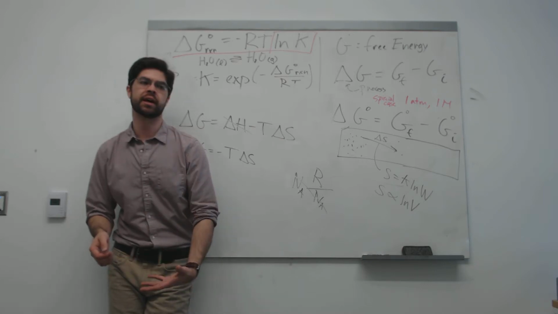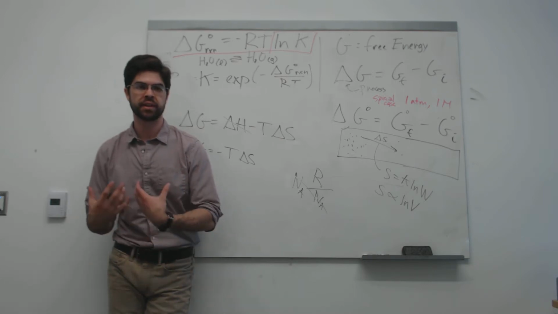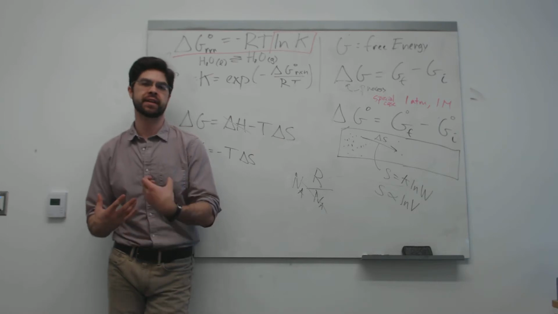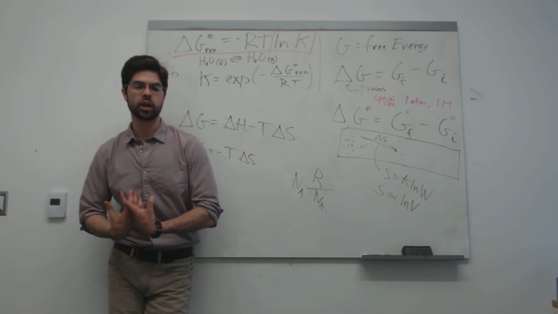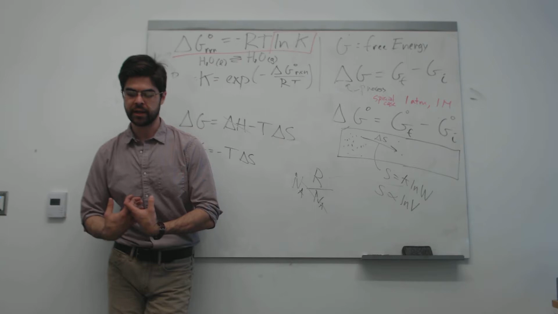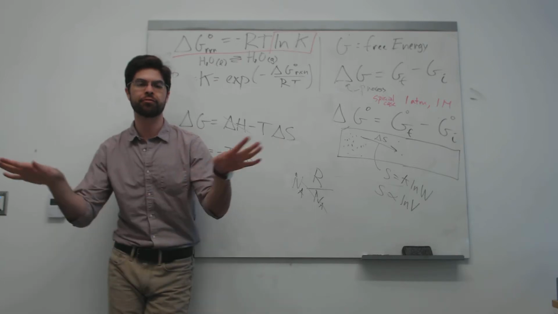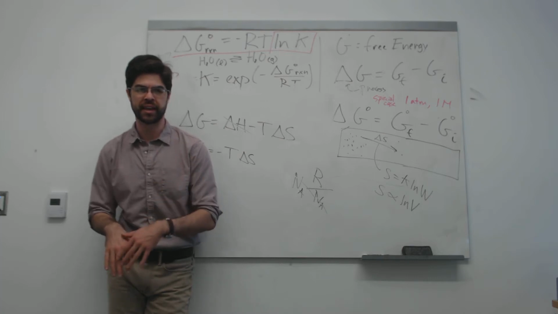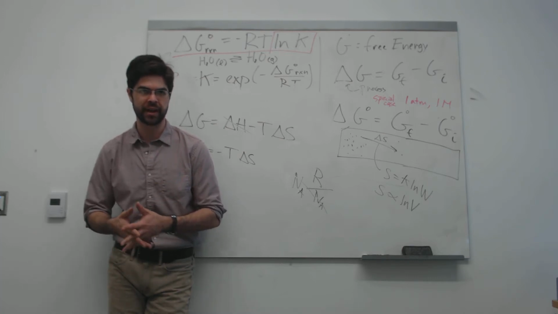We introduced it in the context of an ideal gas, but the gas constant itself is actually, how do I want to say this? It has deeper or far further reaching consequences than just gases, I suppose is what I'm trying to get at.